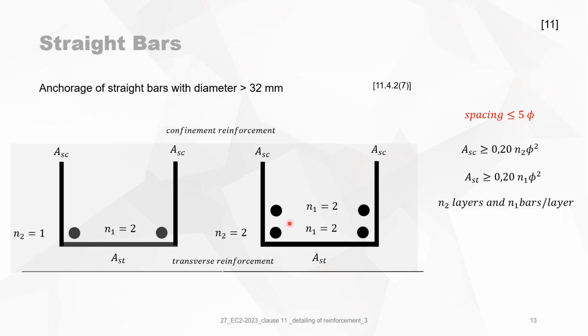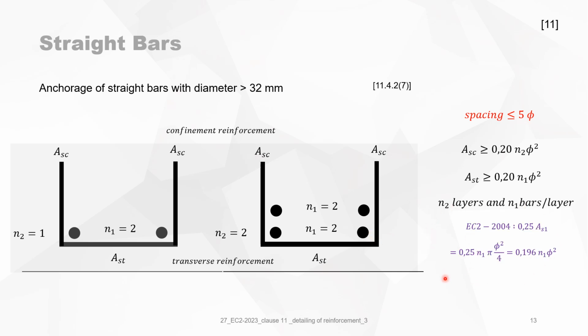You see here in those two examples, to make it clear, that N2, which is the number of layers, is 1 because you have only one layer, but you have 2 bars in the layer, so N1 is 2. And in this example, you clearly have 2 layers, N2 is 2, and you have 2 bars per layer, so N1 is 2.